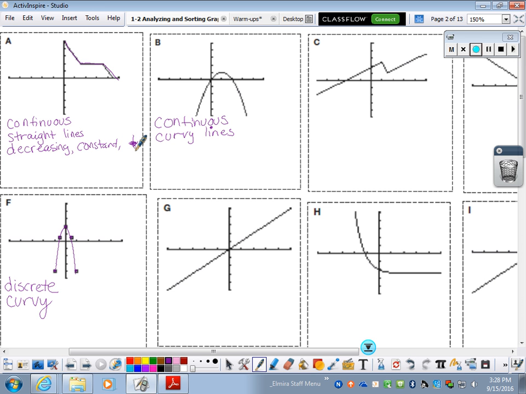We can use arrows for this. Graph B, we could say it is increasing, and then decreasing. Graph F, we could say it is increasing, then decreasing.